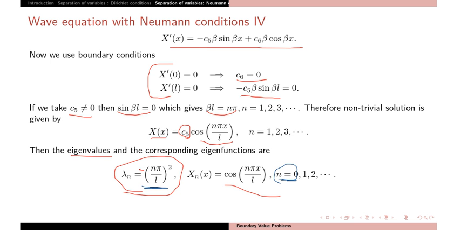When n is 0, cos 0 will be 1, so 1 is a solution. So the eigenfunctions are cos n pi x by L, and n will start from 0, 1, 2, 3, by combining the two cases, lambda 0 and lambda negative.